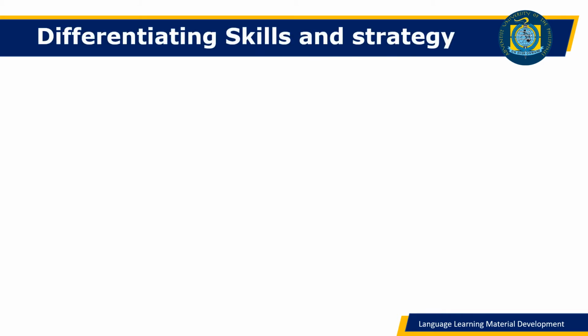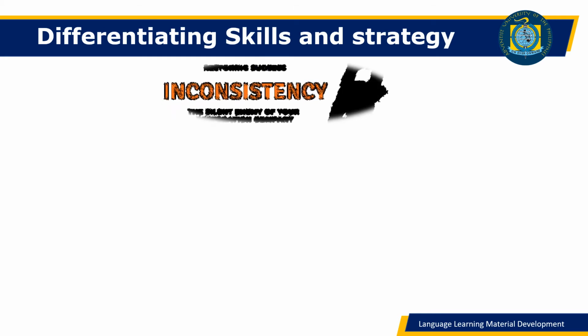To further understand, let us now differentiate skills and strategies. Terminological inconsistency was noted regarding skills and strategies. Each term was often not used consistently, and sometimes they were used interchangeably.